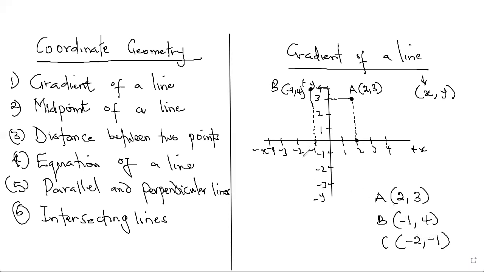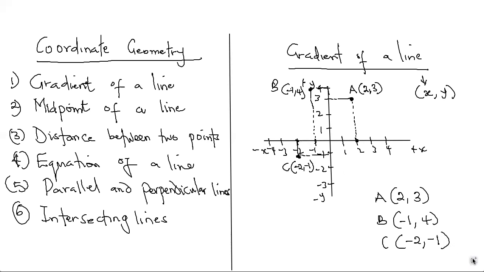So you go to -2 on x, and I go down because I have negative y, until I get to -1 on the y. That gives me point C, (-2, -1). Okay, so that's how to locate those points.